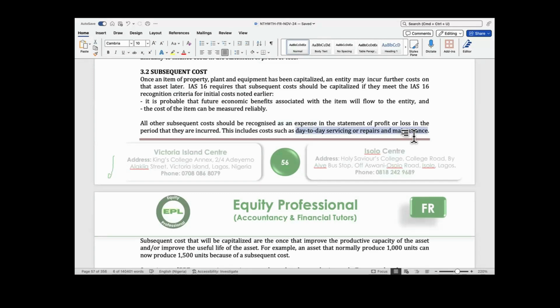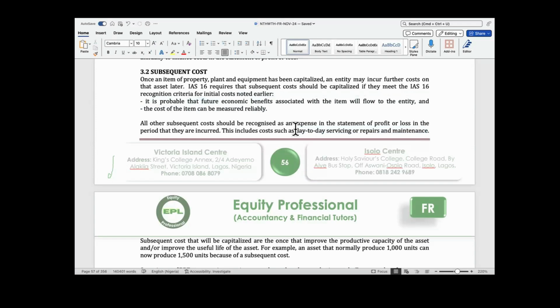Those are costs of just sustaining the assets, costs to ensure that the asset meets its target output. They would usually be expensed. They won't generate any additional future economic benefit for the asset. They are only trying to ensure that your asset meets its target condition. It's just like if you buy a car, and the manufacturer has told you that this car can be used for 5 years.